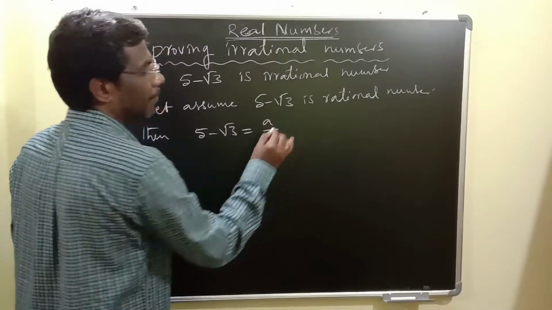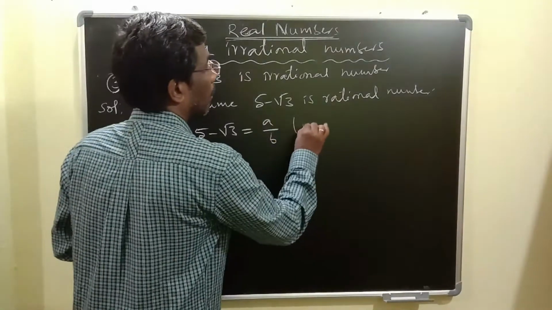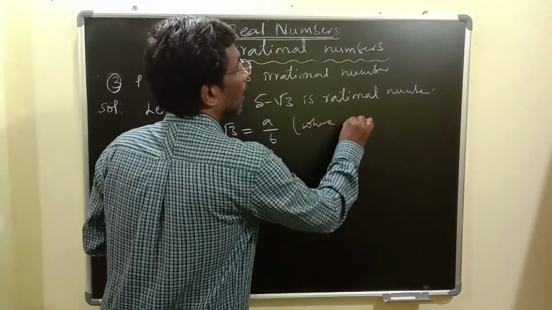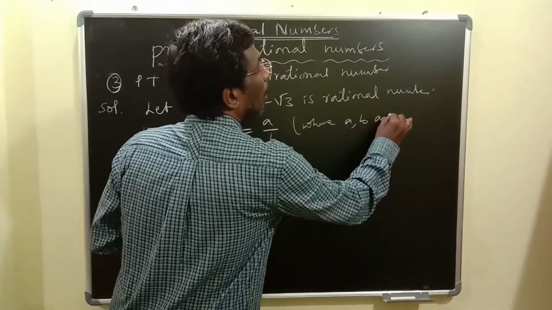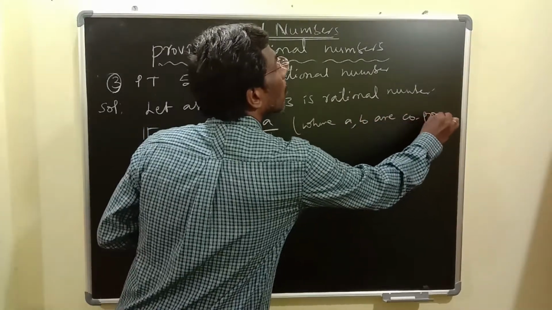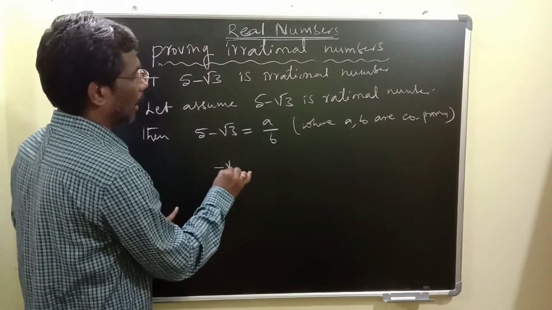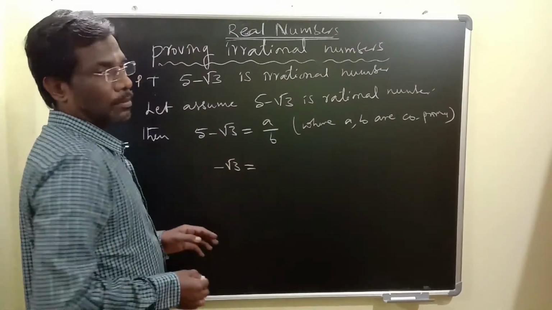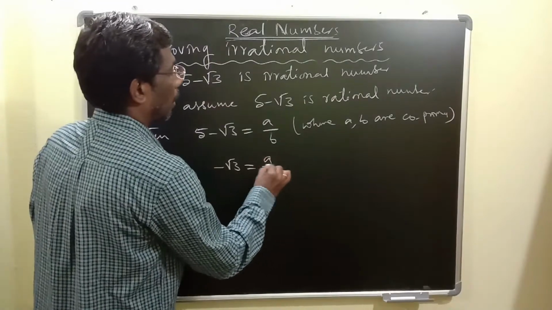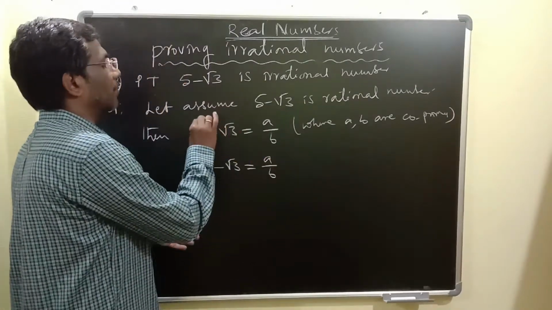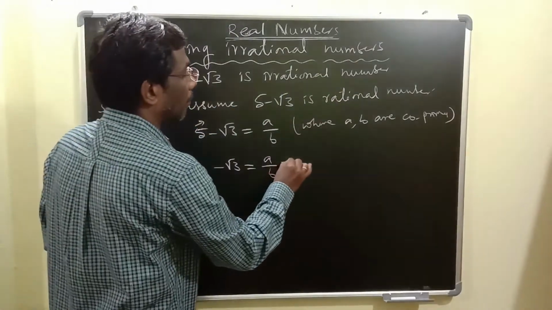A by B, where A comma B are co-primes. You keep minus root 3 as it is, A by B, and transfer this 5 to the right side, that becomes what? Minus 5.